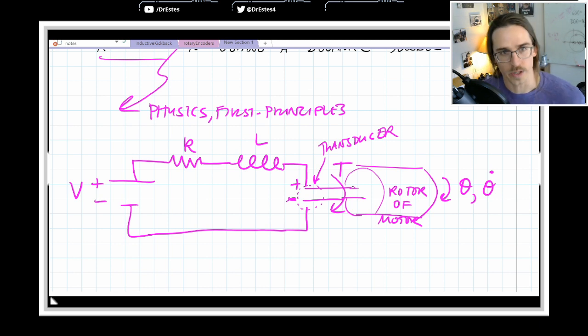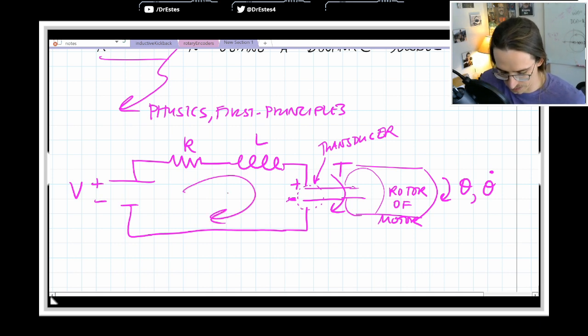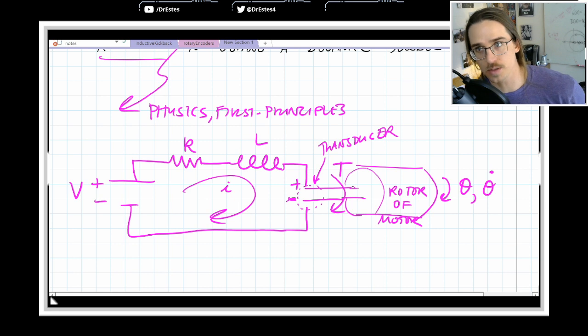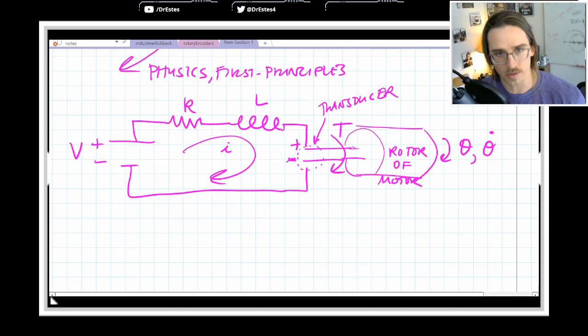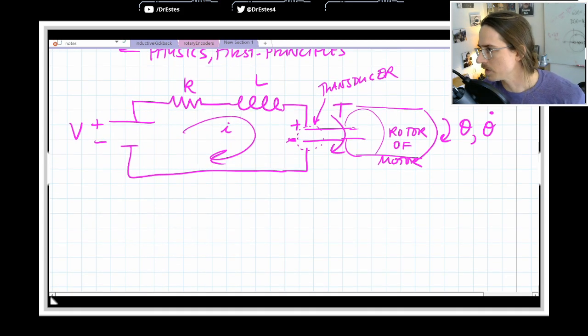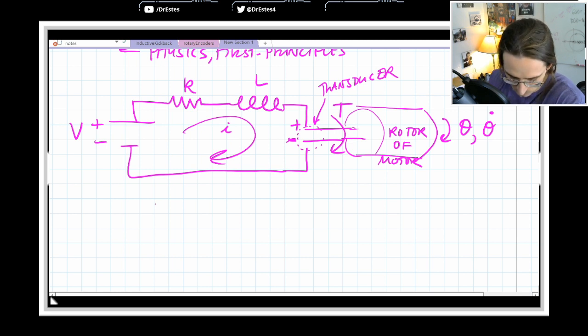And we know that we can analyze using Kirchhoff's laws. We have some current running through here, and I'm just going to write this out really quick. If you go through all the steps, you get a second order transfer function for the speed of the motor.